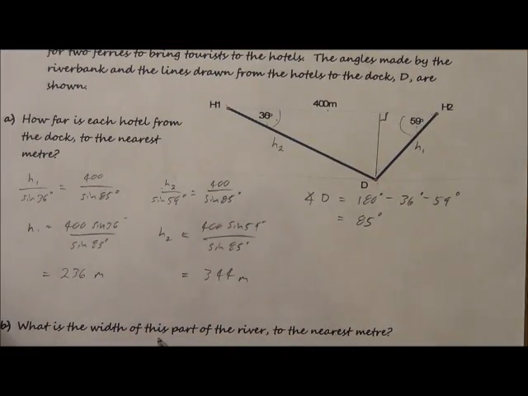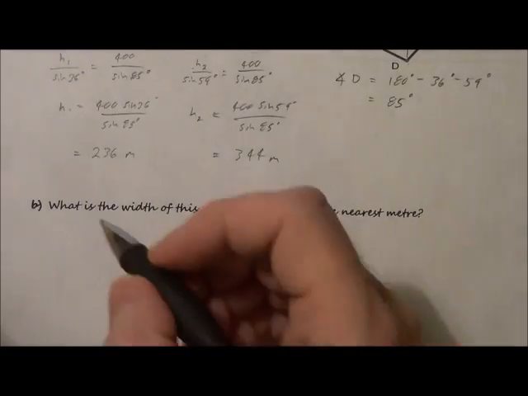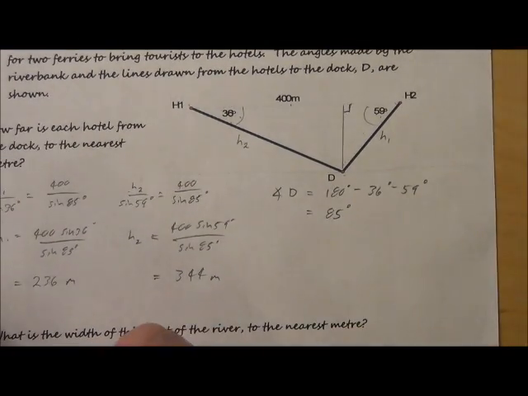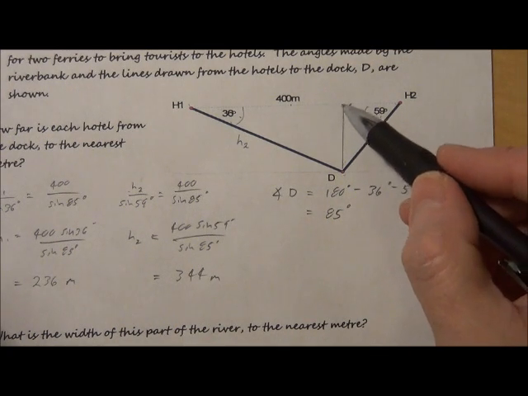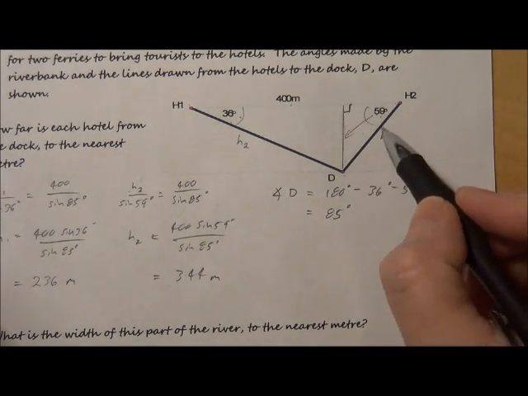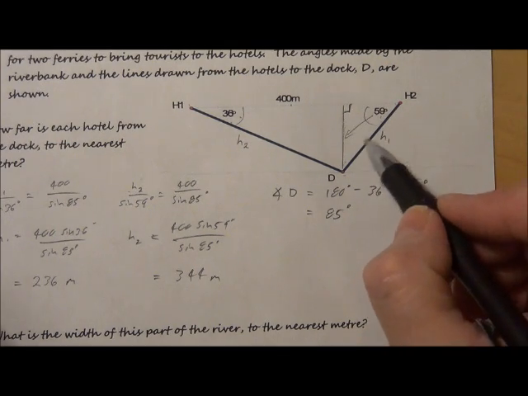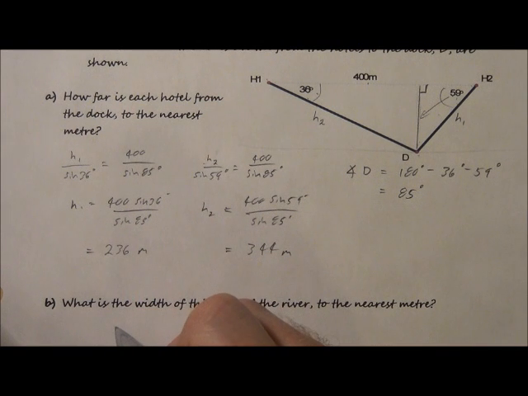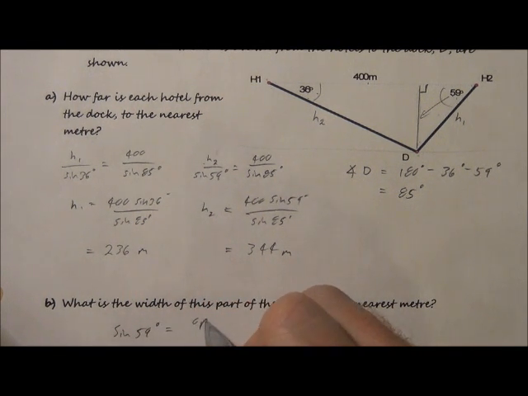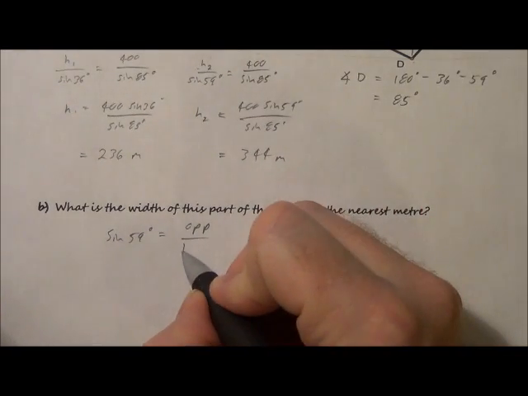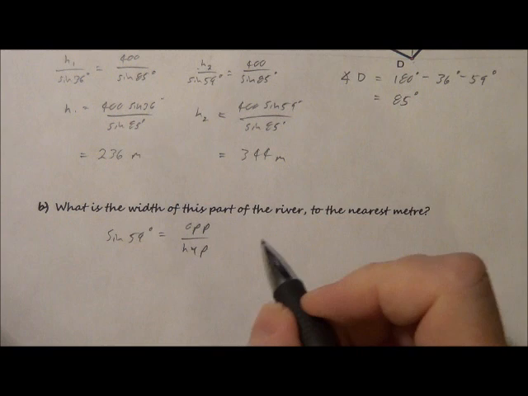I'm going to use this triangle on the right side, and so we want this side here, which is across the triangle from the angle, which would be the opposite, and we have the hypotenuse now. So sine of 59 degrees equals the opposite, or the width of the river, over the hypotenuse.